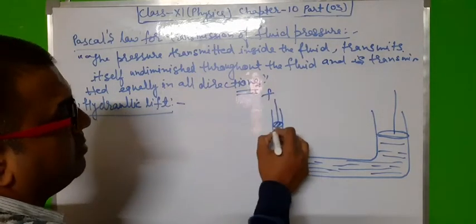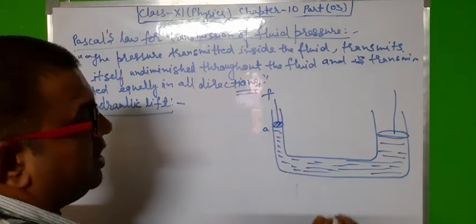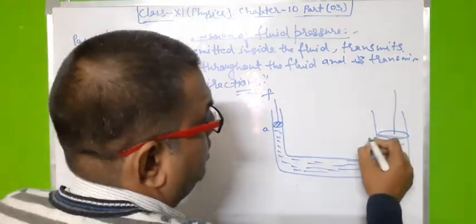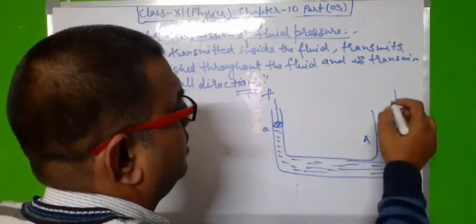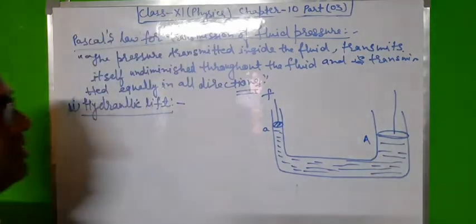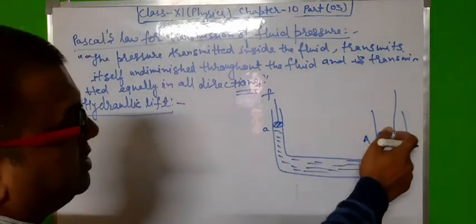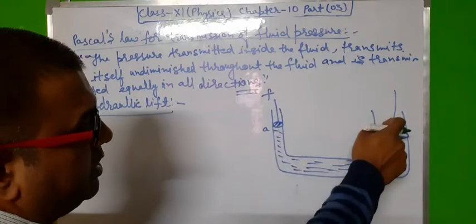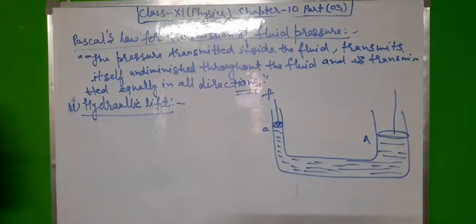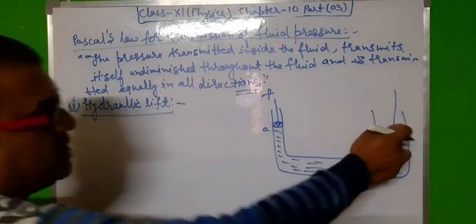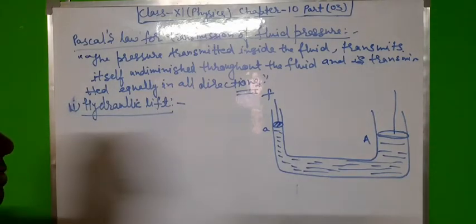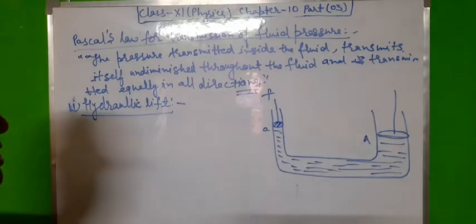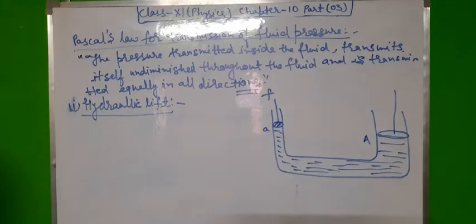A force f is applied. Suppose this area is small a and this area is capital A. Then we consider the force experienced by the bigger cross section of the piston placed inside the tube.